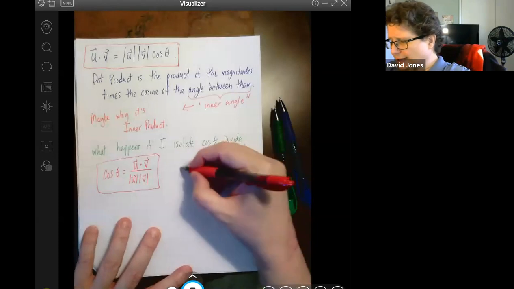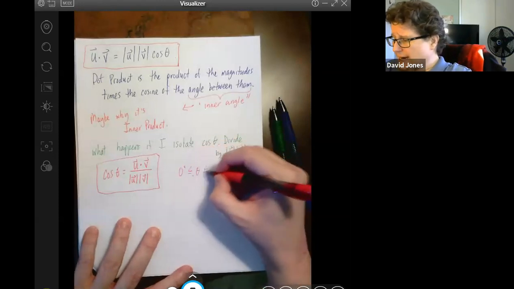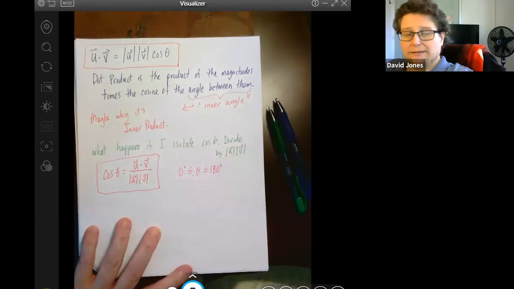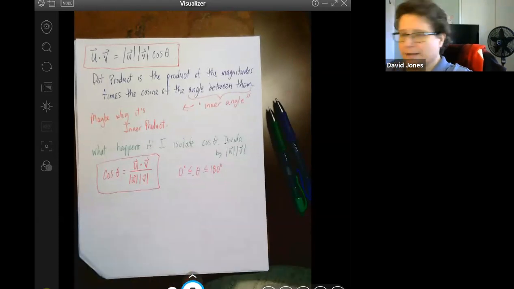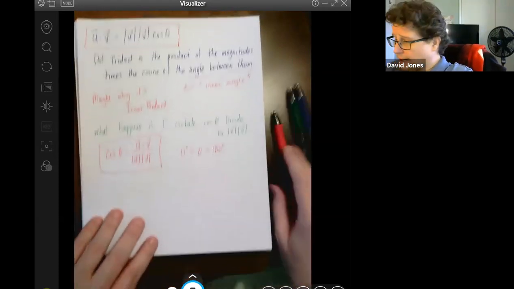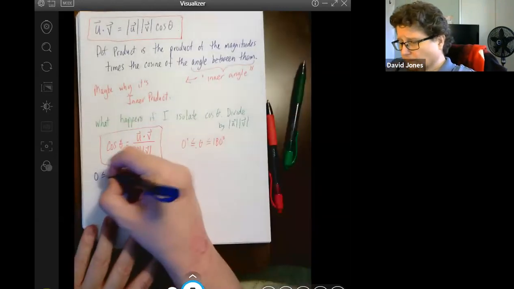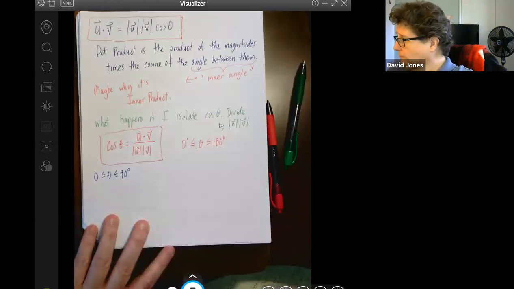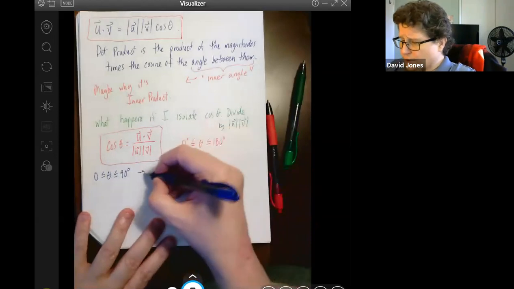And ideally, theta is between 0 and 180, because otherwise we're just going the other way. If the angle is bigger than that, we're just making a triangle going the other direction. So what happens when theta is less than 90? This leads to an acute angle.